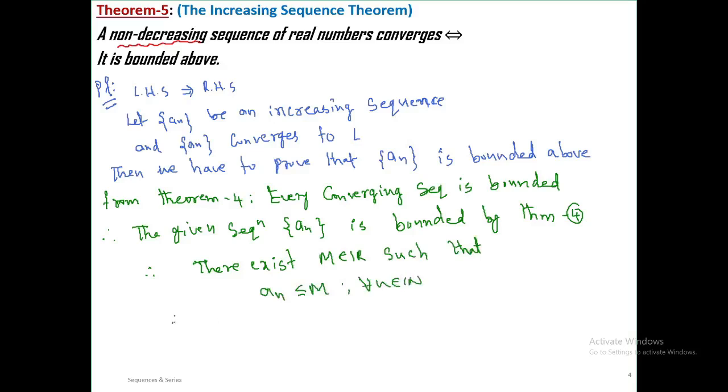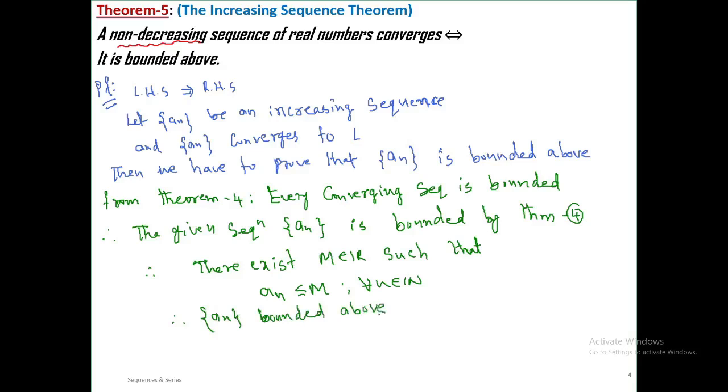So the sequence AN is bounded above. Actually, bounded means it is bounded below and bounded above. Particularly, what I want to prove is that it is bounded above. So obviously AN is bounded above. That's it.